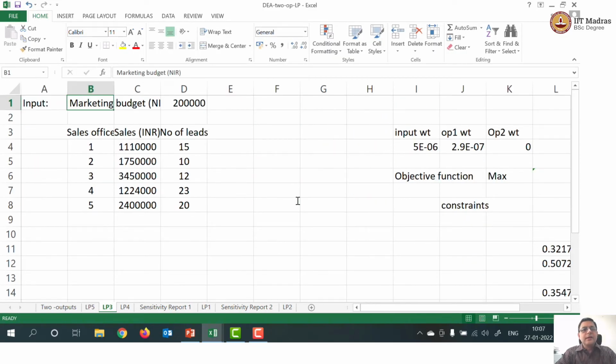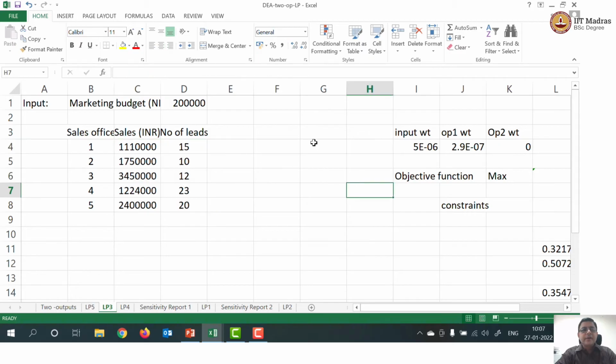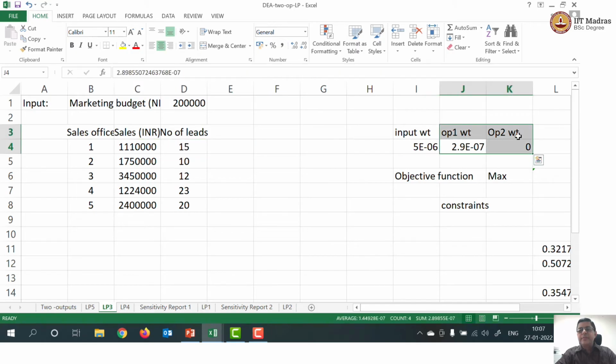Okay, so this is the data. Everybody gets the same marketing budget of 2 lakhs, which is the only input. And there are two outputs, sales and number of leads. These are the values for each of the sales offices. Since there is only one input, there is going to be only one input weight. There are two outputs, so there are going to be two output weights.